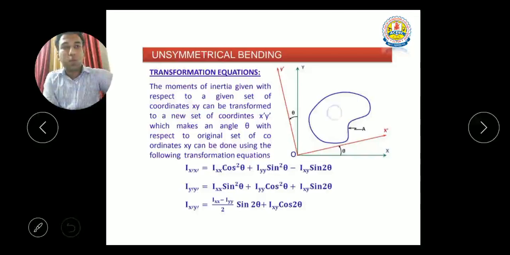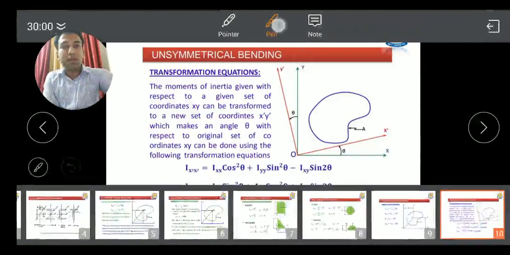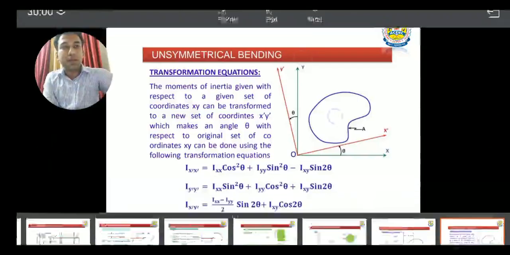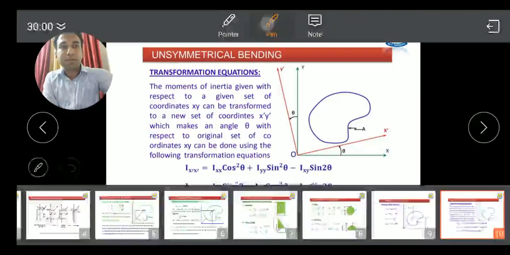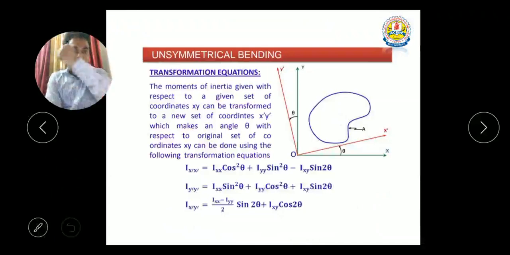So x dash and y dash make an angle theta with respect to the original set of coordinates, the axes x and y.